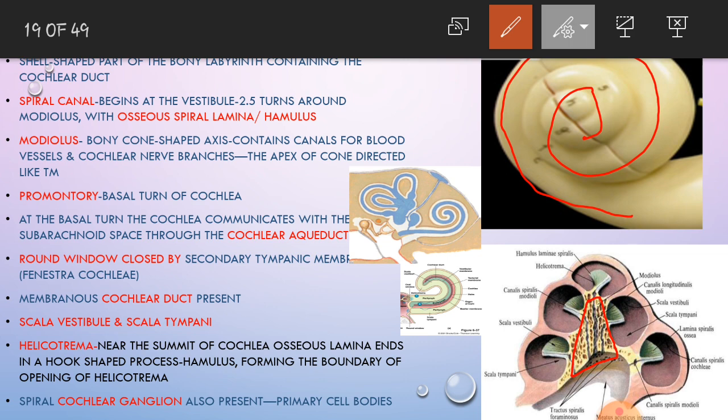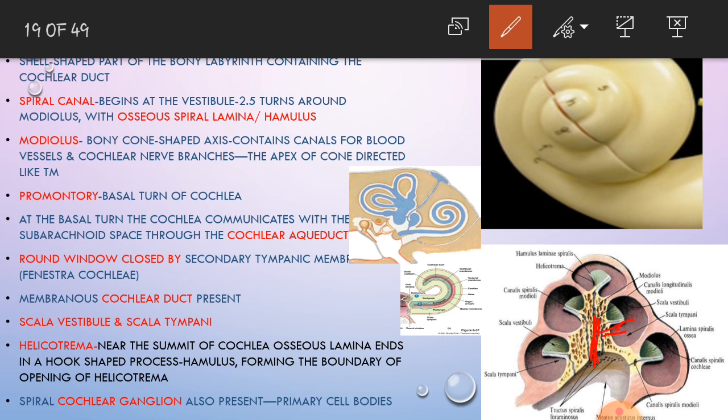As you can see in this diagram, this I told you is the modiolus with canals for small branches of the cochlear nerve as well as small capillaries and blood vessels. Now, from this modiolar wall of the cochlear canal, you can see that a bony osseous spiral lamina extends.